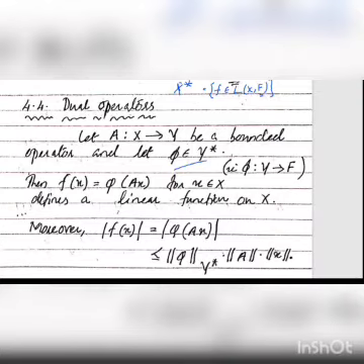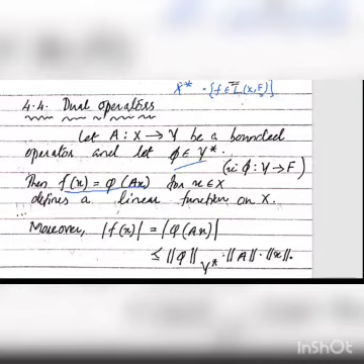That is, phi from Y to F. Then f of x we are defining as phi of A of x for x belonging to X. Now define a linear function on X. This is a linear function on F. Now, to prove that it is linear is very easy because phi belongs to Y star.